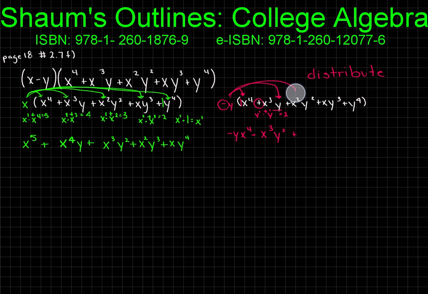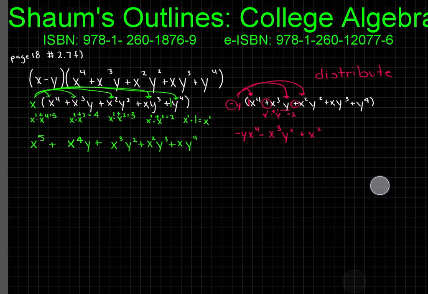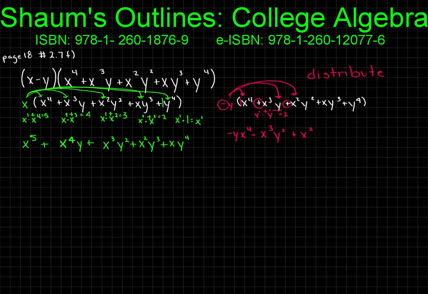Again, nothing to do with my x, so my x just comes right down. X squared. I have opposite signs, plus and minus, right? So then my answer will have a minus.